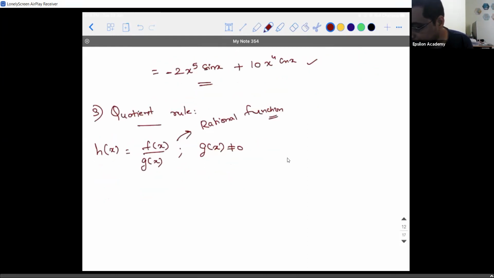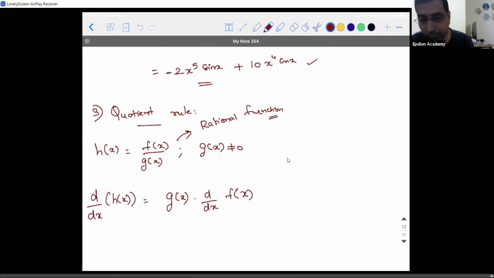Then d by dx of h of x is given as, listen to this carefully, this should have a proper order. You will write the denominator as it is into the derivative of the numerator, and you will put a minus.